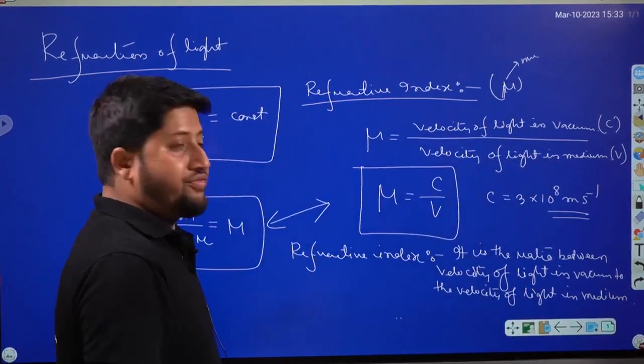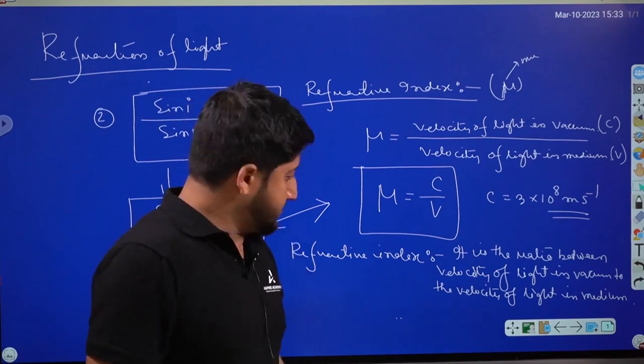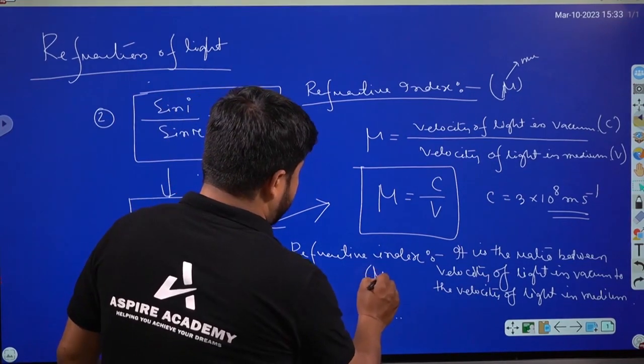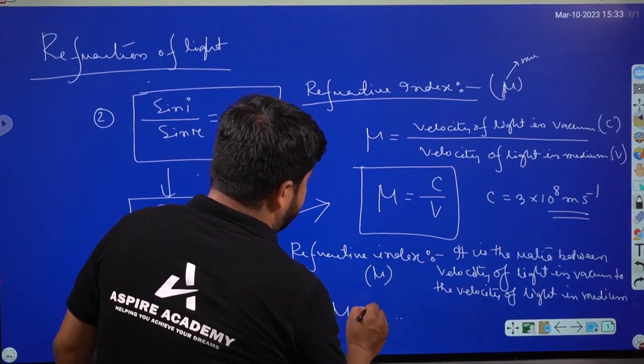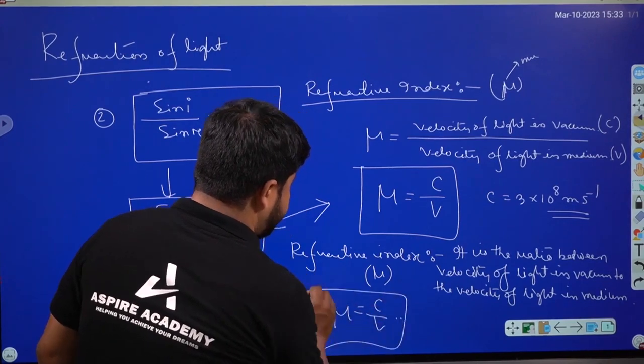It is a refractive index or definition. So mu is equal to what? So mu is equal to standard value c by v.